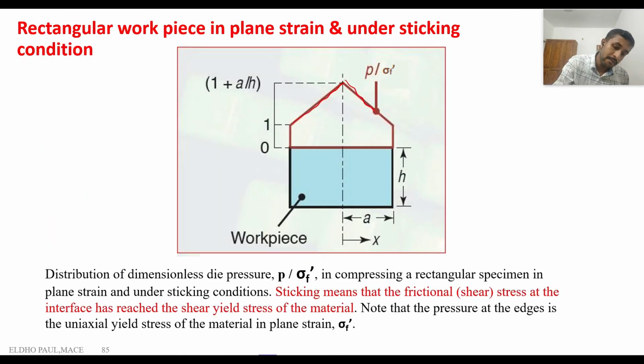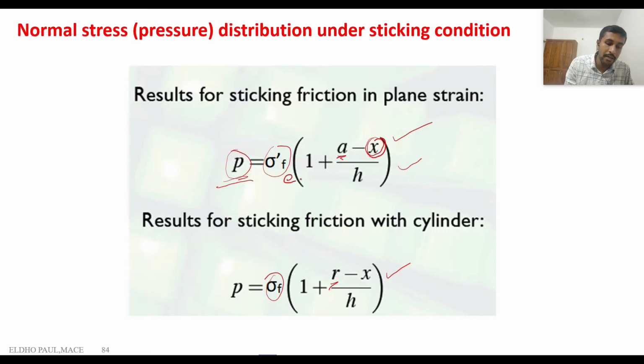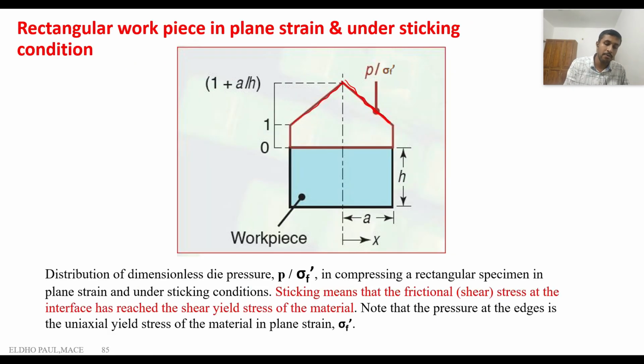Because there is no exponential term, e raised to nothing. So the final distribution is a straight line with respect to the x value variation. At the tip it is maximum, and at the two extreme edges it is minimum.